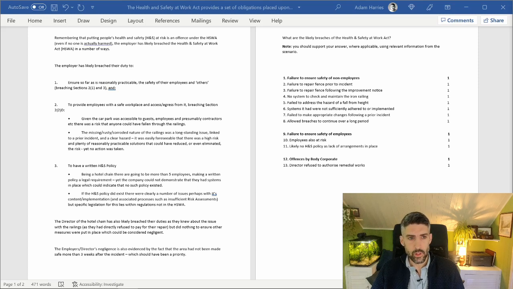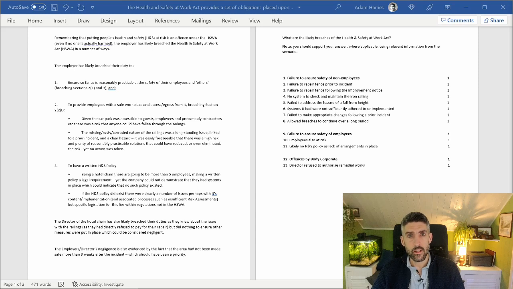And what I also want to point out is that a lot of the supporting information on the mark scheme is nested under the breach of failing to ensure the safety of non-employees. But to be honest with you, it could just as easily be nested under the breach of failing to ensure the safety of employees.